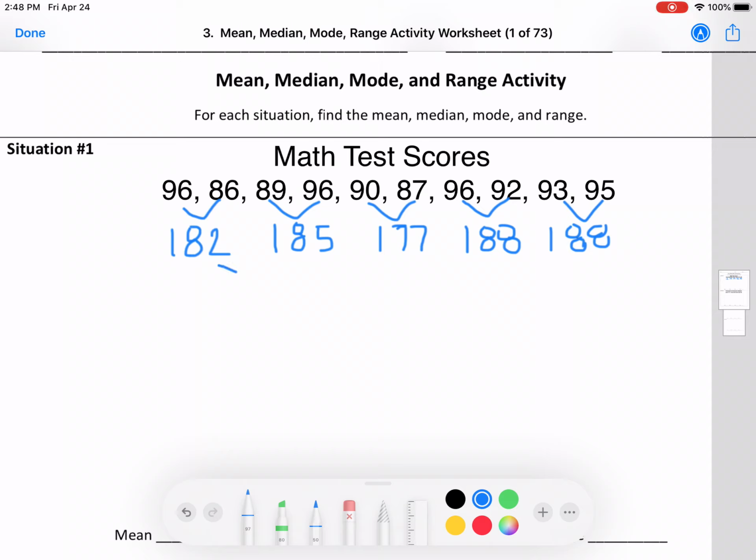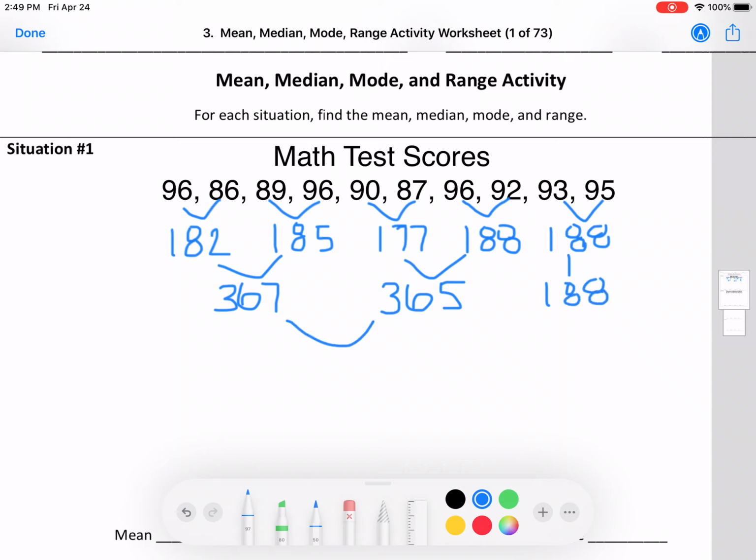So now I'm going to keep on adding. 182 plus 185 gives me 367. 177 plus 188 gives me 365. And then I'm going to bring down my 188.